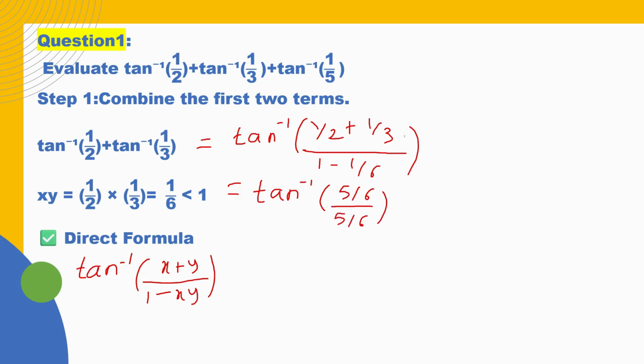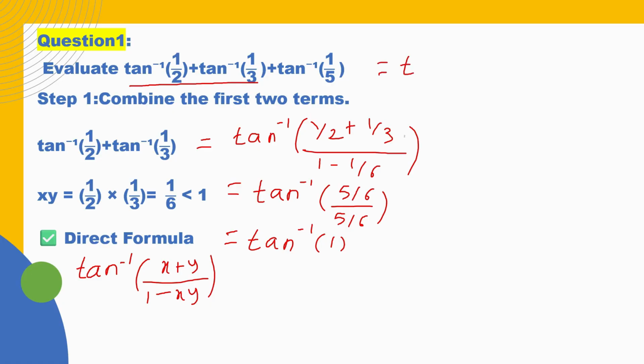Okay, and then that is equal to tan inverse of 1. Now we know that tan inverse of 1/2 plus tan inverse of 1/3 is equal to tan inverse of 1. So let's use that.